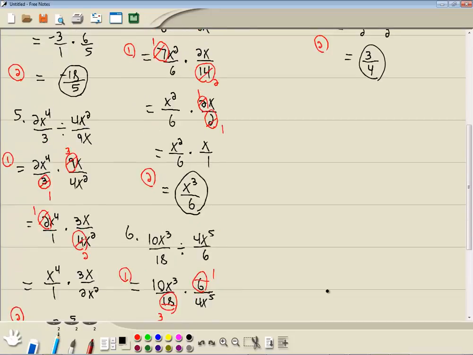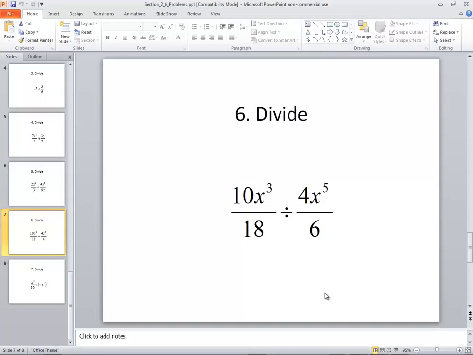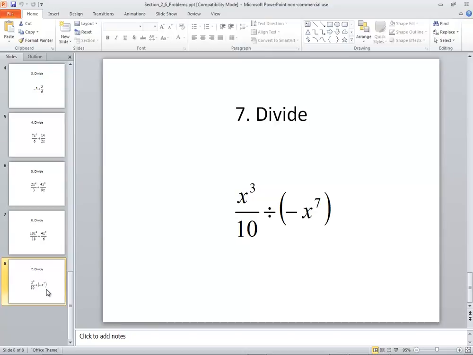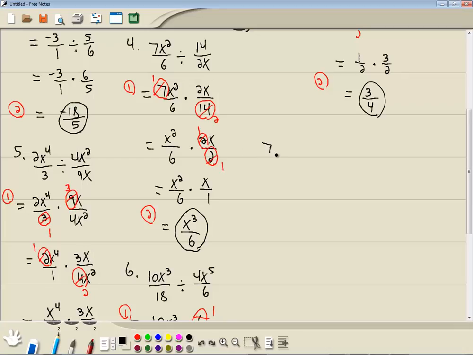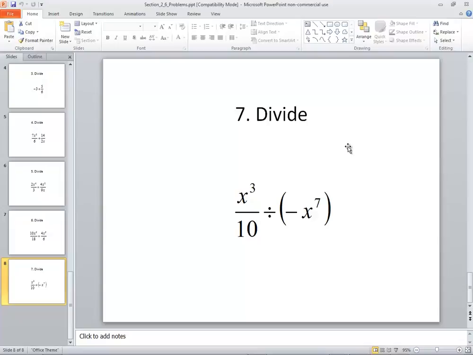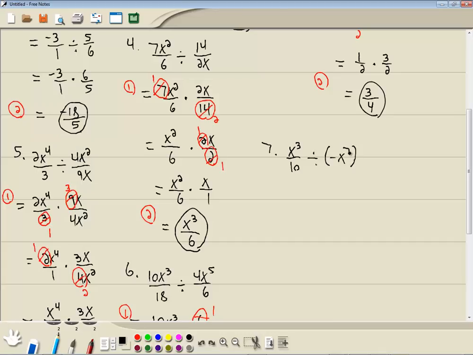Let's scroll up a little bit here. And let's look at this one. We've got x to the third over 10 divided by negative x to the seventh. Well, to begin with, these are not both fractions, so we need to get them as both fractions.